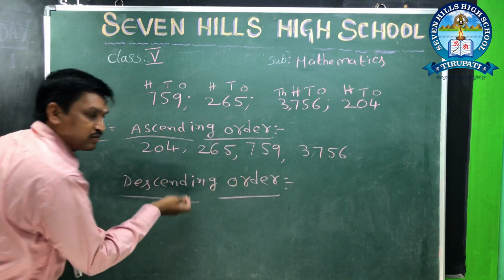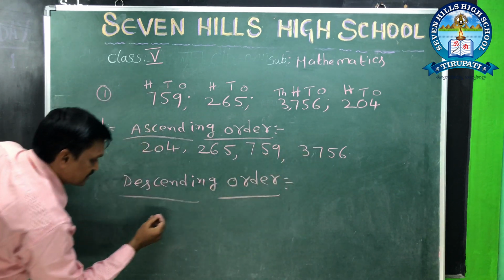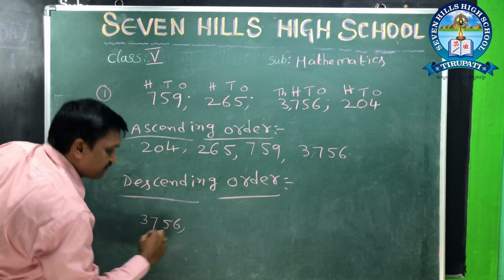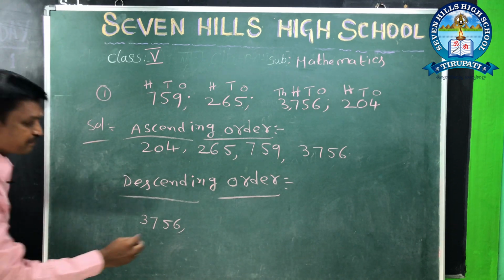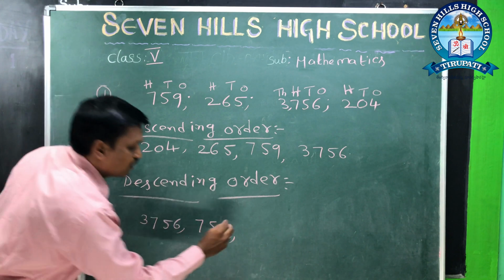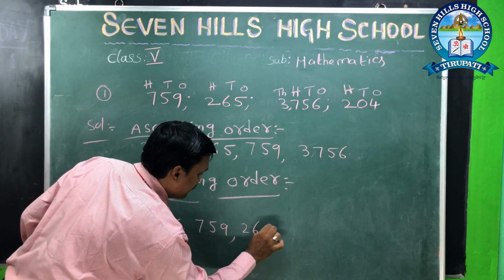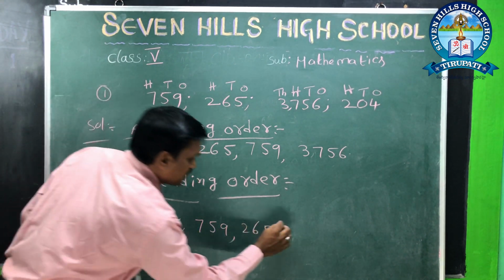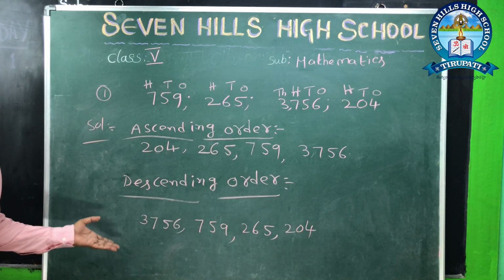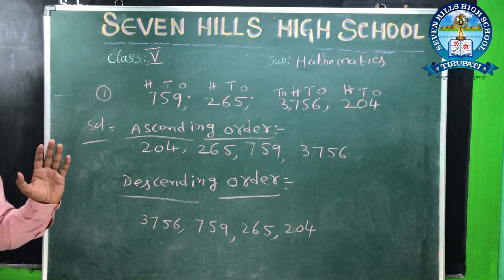For this problem, the biggest number is 3756, next 759, next 265, and the last one is 204. This is the process for descending order.